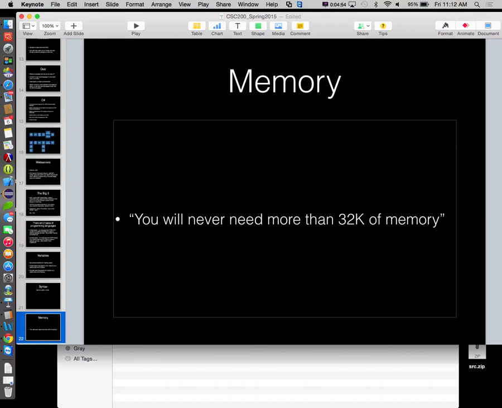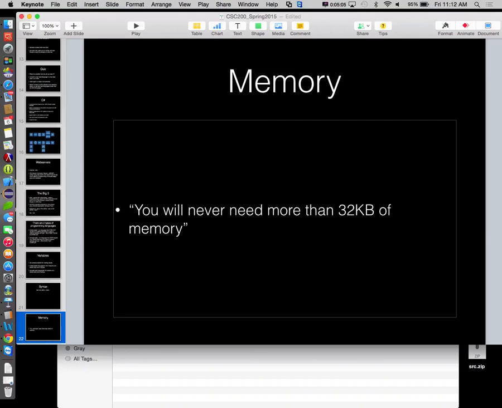Anybody know who said that? You will never need more than 32K of memory. This is kilobytes of memory. Bill Gates. Bill Gates, Microsoft dude.